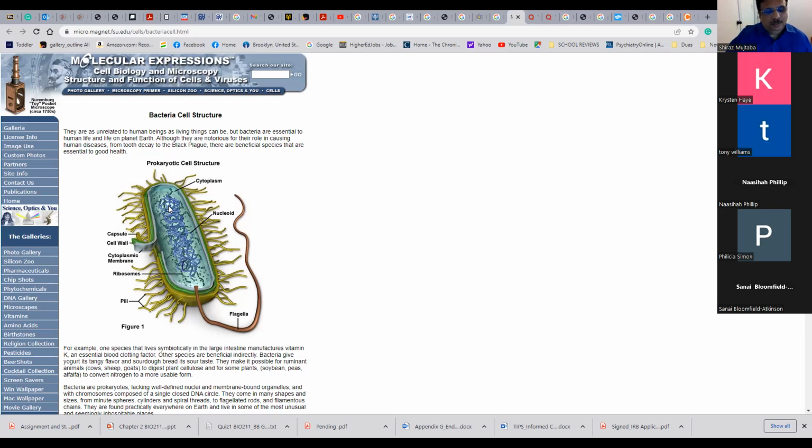There is no boundary between the DNA and cytoplasm. So this bacterial DNA is diffuse, present all across the bacterial body.